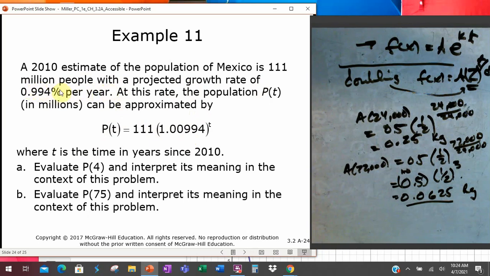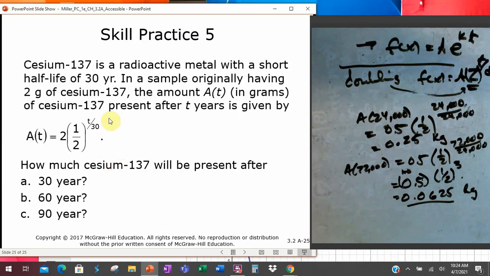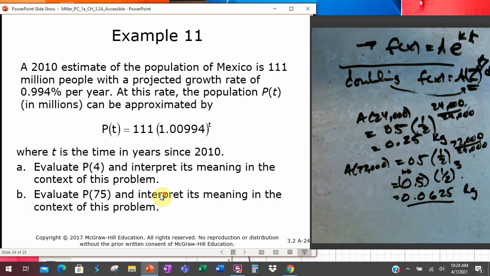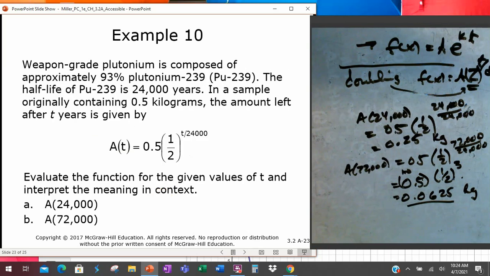You have to recognize that you had the initial plus a little bit extra, which gives you the 1.00994. Okay, so take a look at those, see if you can set these up on your calculator and work them through, and I'll see you next time.